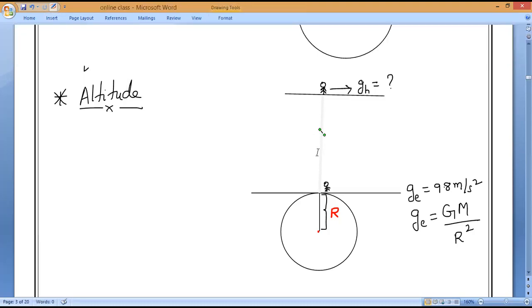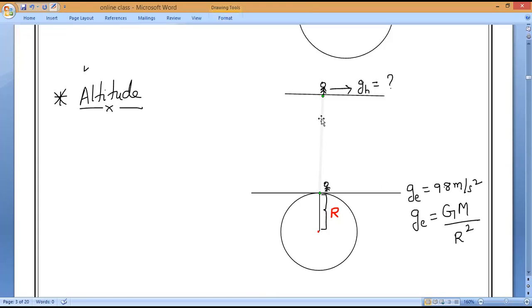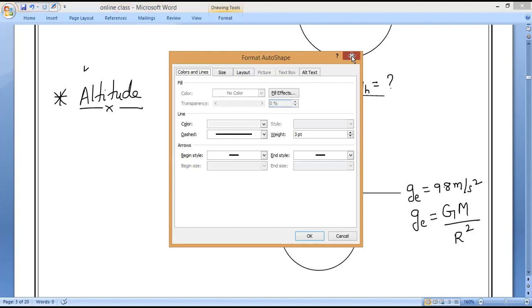Have you noticed it? Only height is adding. Remaining all the things are the same. He is only going up. He's going up means G value decreases or increases? Decreases, sir. We all know.